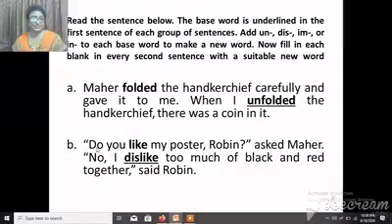And the next sentence, number B. Do you like my poster, Robin? Asked Meher. No, I dislike too much of black and red together, said Robin. Like, dislike.